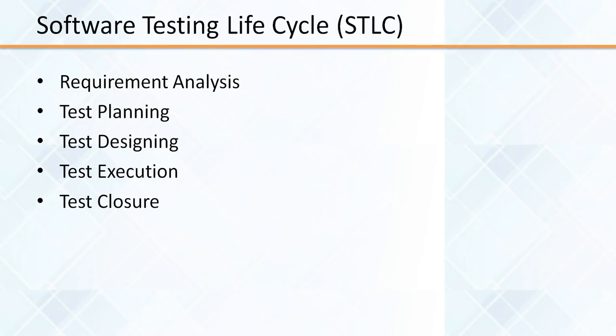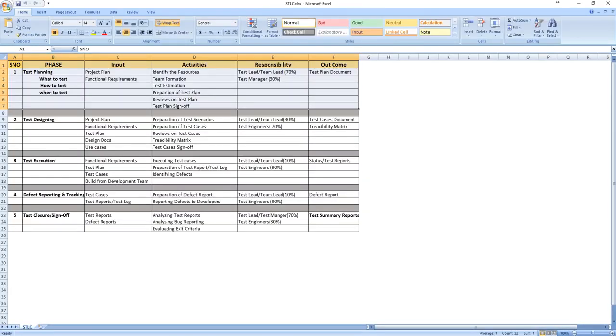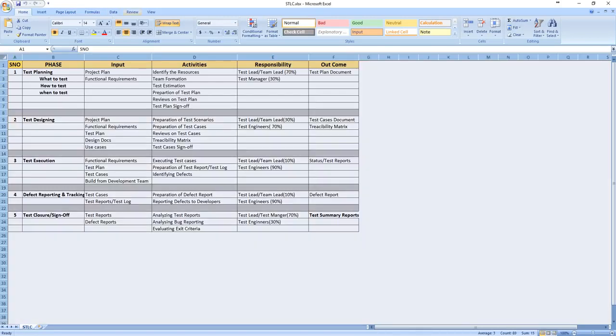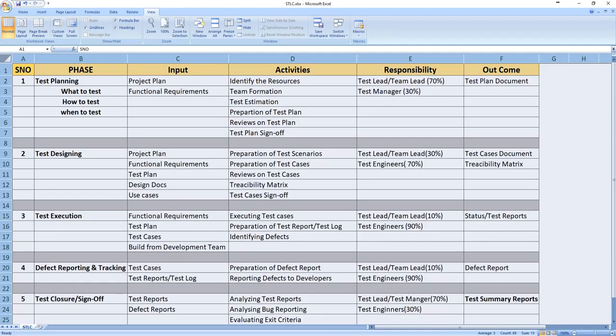All these things we need to discuss now. I'm going to show you this particular table which explains everything. Let me maximize this. Is it visible? I hope it is visible.